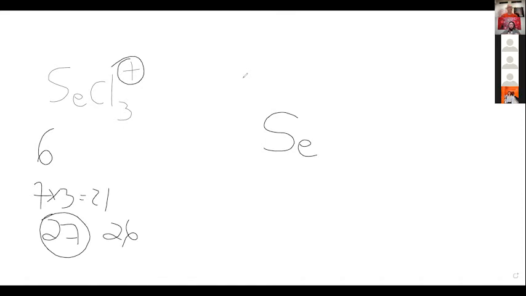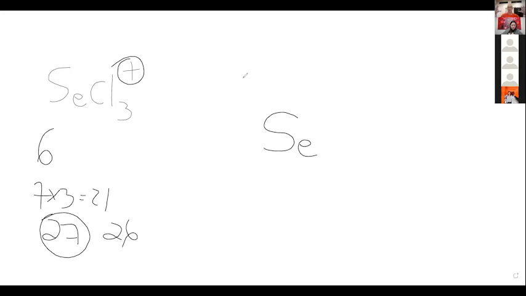Selenium is much bigger than oxygen. It has the same number of electrons in its outermost shell, but they're really far away, so the nucleus can't pull on them nearly as well as a smaller atom can. That's why fluorine is so electronegative, because it's really, really small.